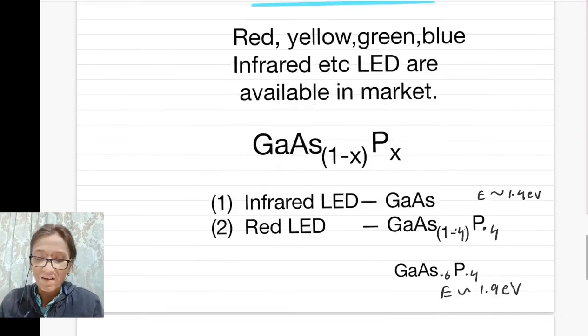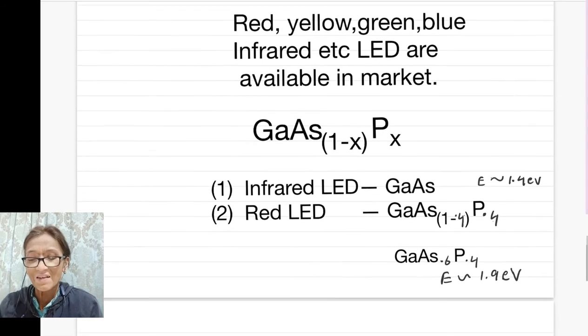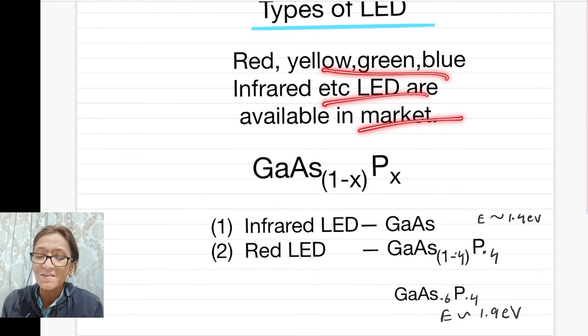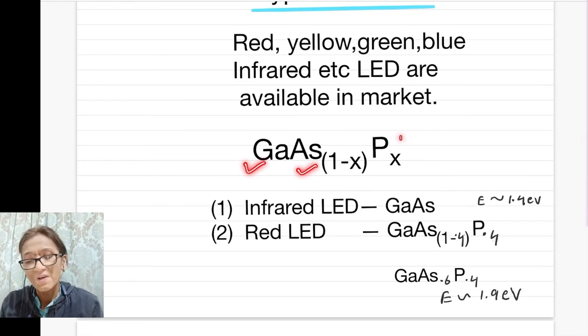Now, types of LED. There are so many types of LED. You can see red, yellow, green, blue and infrared LEDs. So these are the types of LEDs. And using gallium, arsenic and phosphorus, you can make these LEDs. Gallium arsenide phosphide is one kind of LED, in which you can change the composition in this way: arsenic 1 minus x and phosphorus x.